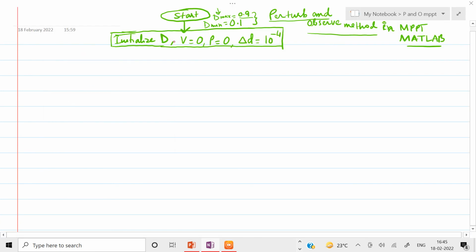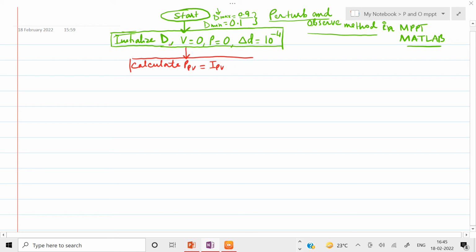so moving forward, what is the next step? The next step is actually to calculate power PPV, and that is equal to IPV times VPV.